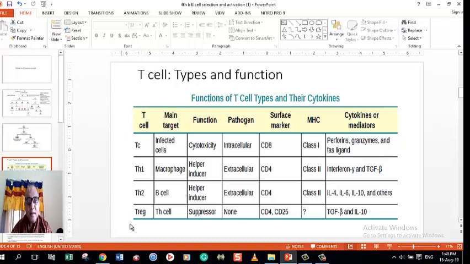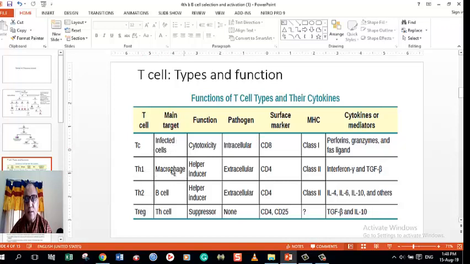These T cells help the different antigen presenting cells. T cytotoxic cells act directly on the infected cells and destroy them. So this brings about cytotoxicity, meaning it destroys. The cells that are infected will get destroyed by these T cells.